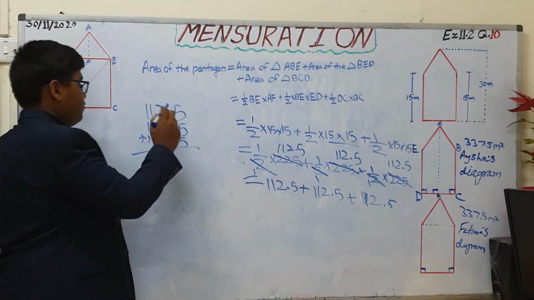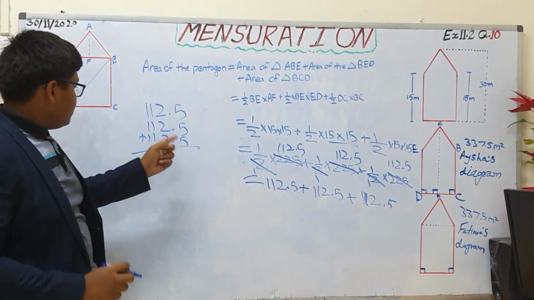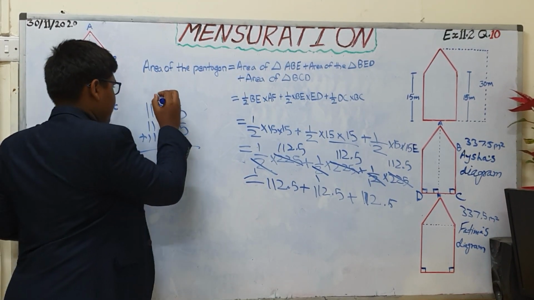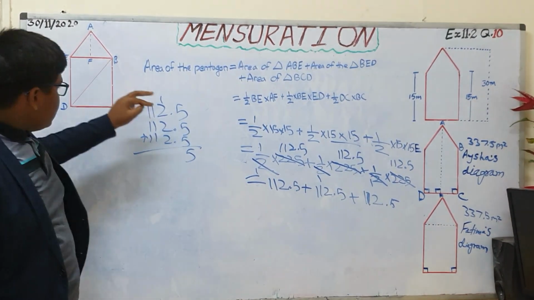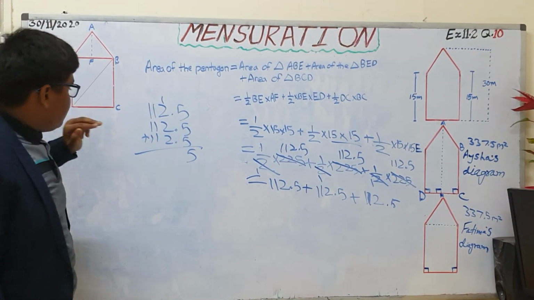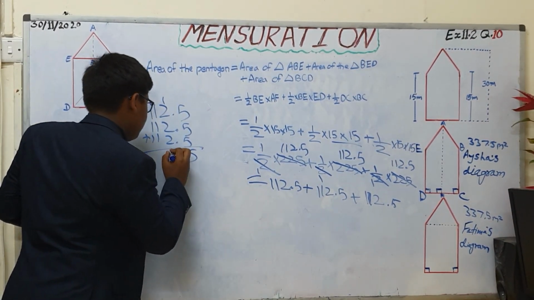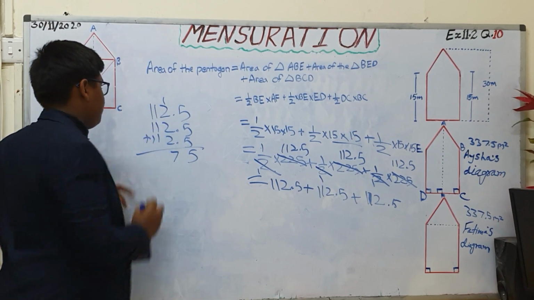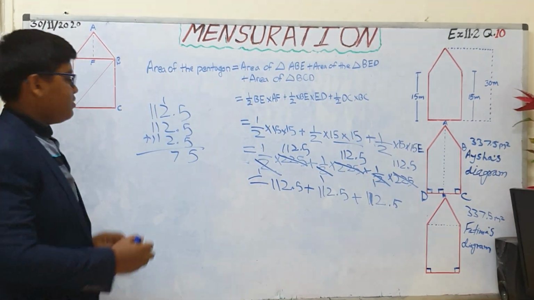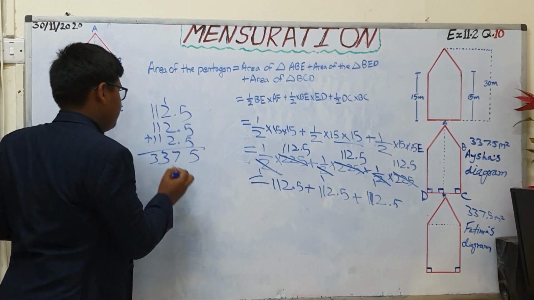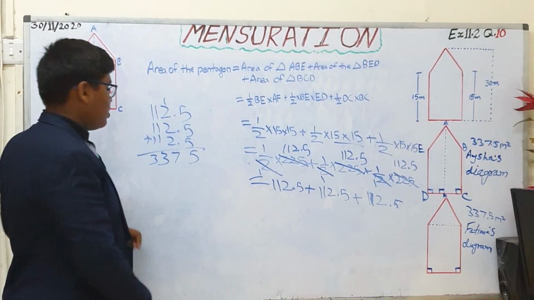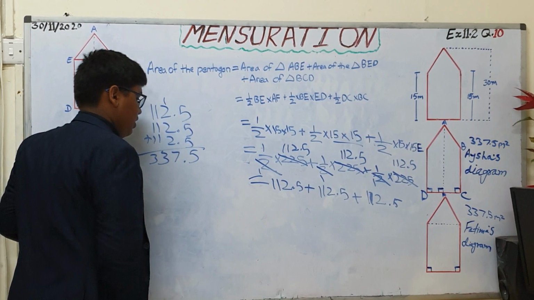We have 5 plus 5 is 10, then 10 plus 5 is 15. Now 5, then 1 plus 2 is 3, 3 plus 2 is 5, then 5 plus 2 is 7. Now 1 plus 1 plus 1 is 3. There is only one place after the decimal point, so this will be the answer.